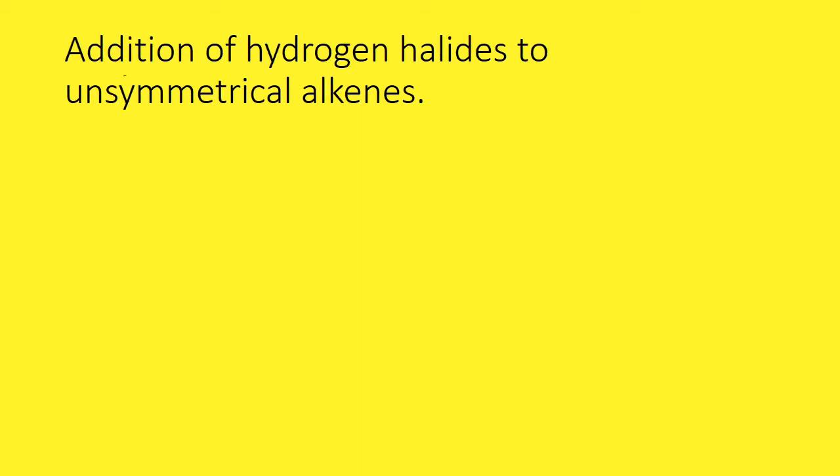And the addition of hydrogen halides to unsymmetrical alkenes leads us on to this concept of the stability of a carbocation. So that is an alternative title that we could have. You could call this little concept here the stability of carbocations. Right, you'll see why in a second.